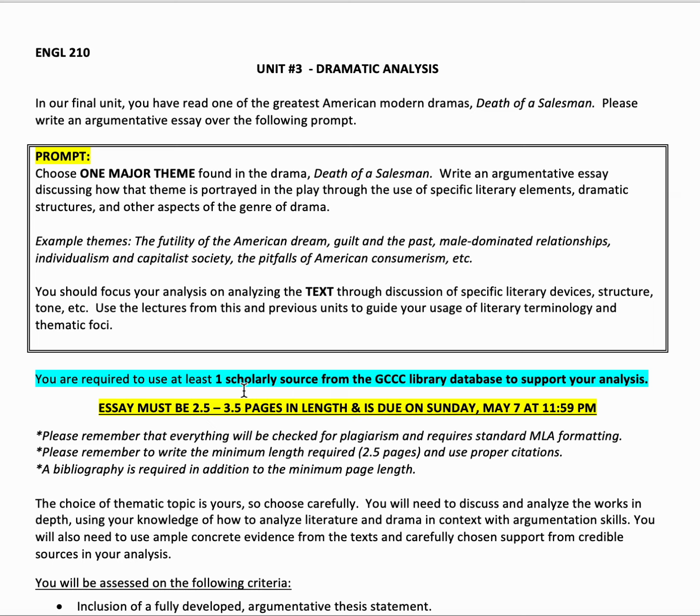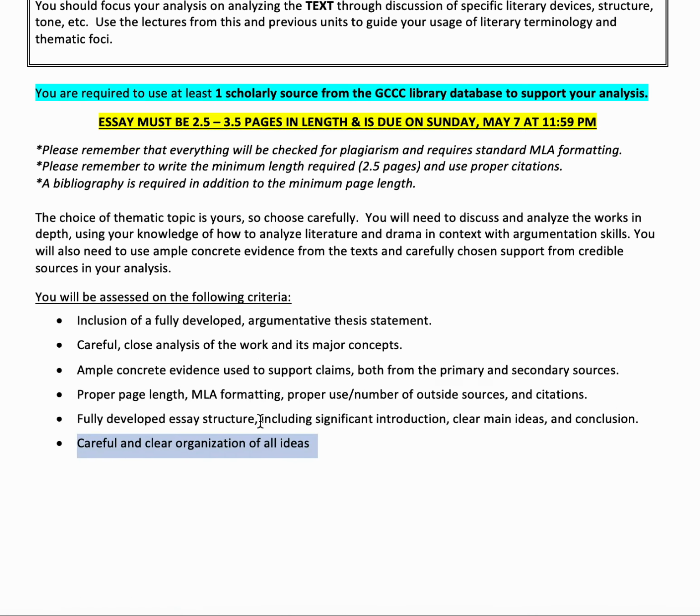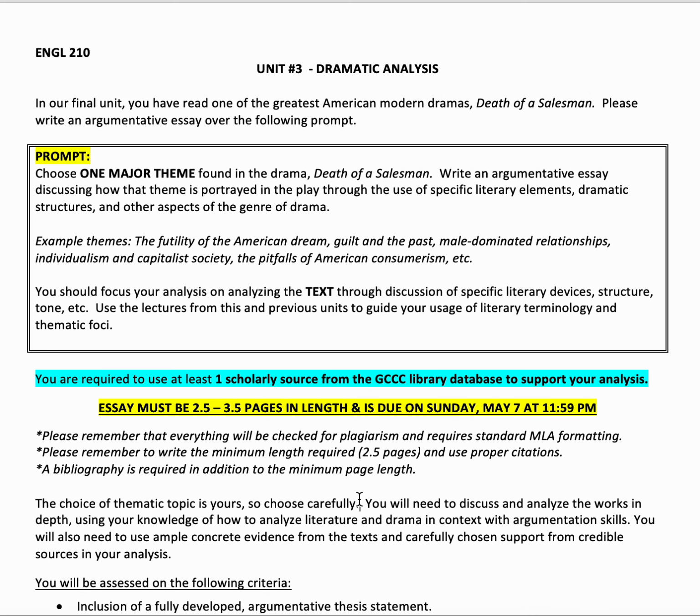What differentiates this from your previous essays is looking at how this is done on stage. It's a visual medium, so how do the dialogue or the stage directions or things like that also contribute to this? If you have any questions, let me know, but otherwise that is your essay assignment.